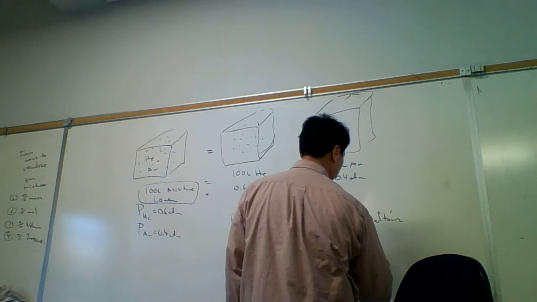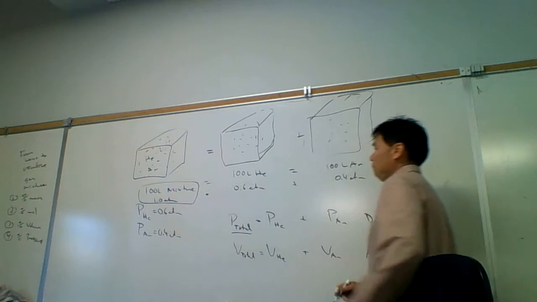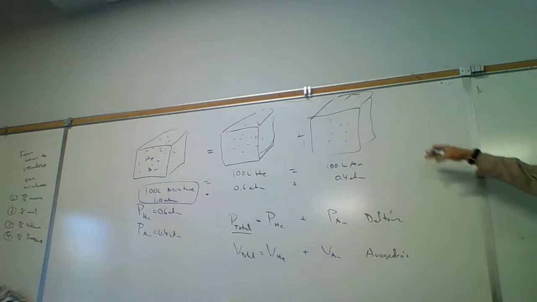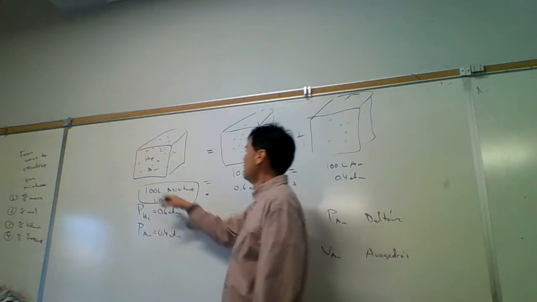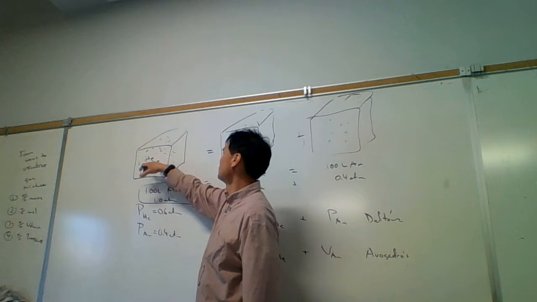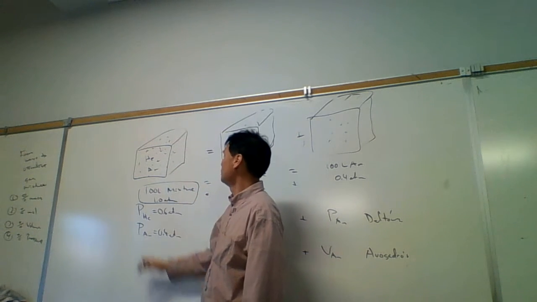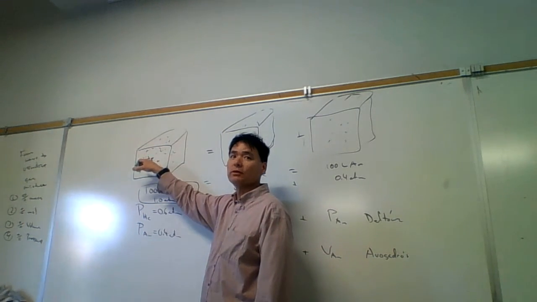This is Avogadro's. And so what I did was I visualized this mixture as Dalton's. That is, 60% of the collisions are going to come from the black molecules, 40% of the collisions are going to come from the green. And so that means 60% of the pressure will be the black, 40% of the pressure will be the green in this box.